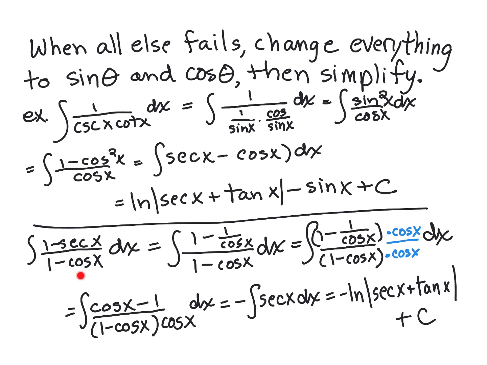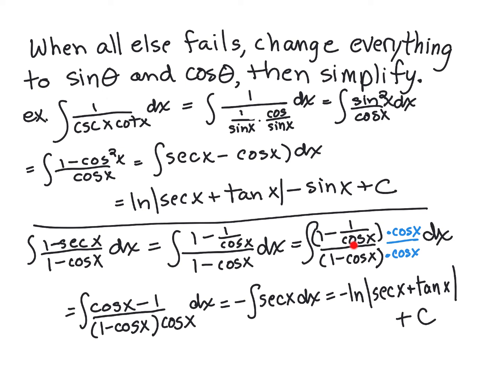I have no idea what to do, so I changed secant to 1 over cosine. And now looking at this, I don't like having a fraction inside my fraction, so I multiply the top and the bottom by that denominator, whatever it is. Now this cosine is going to get distributed to both of these pieces on the top.